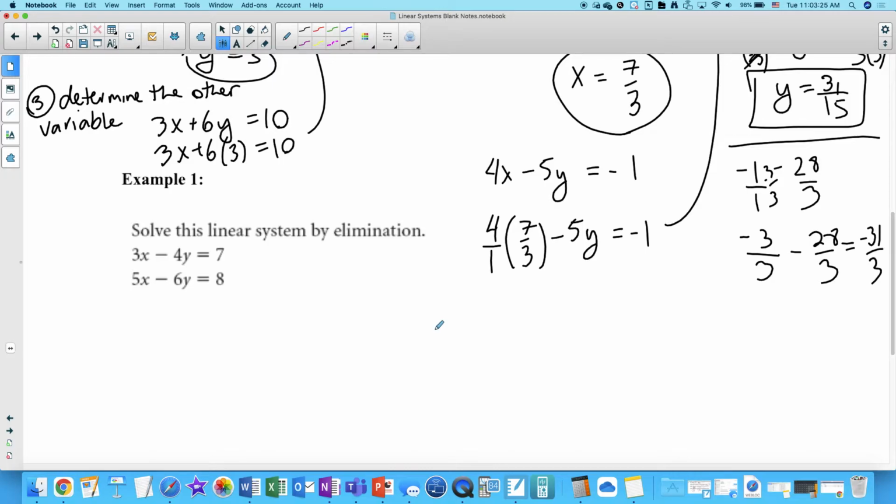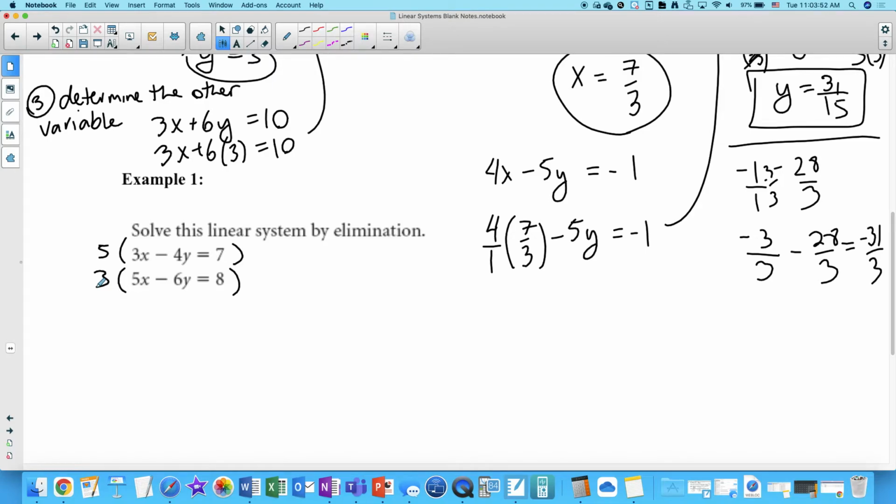Yes, 15, exactly. So what you want to do is think to yourself, what could I multiply this equation by so that the 3x becomes 15x? 5, yes. And then what could I multiply this equation by? Exactly, yeah. And essentially what's special about that 15 is it's the least common multiple of 3 and 5.